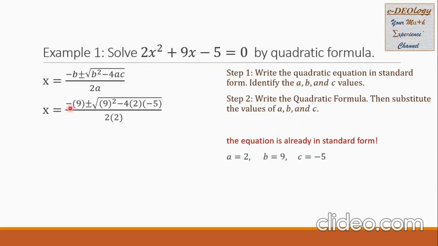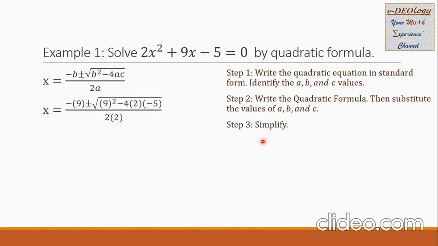It is now the negative of b, and that is 9, plus or minus the square root of 9² − 4. The a is now changed into 2. The c is now negative 5 all over 2 times a, and the a is now changed into 2.